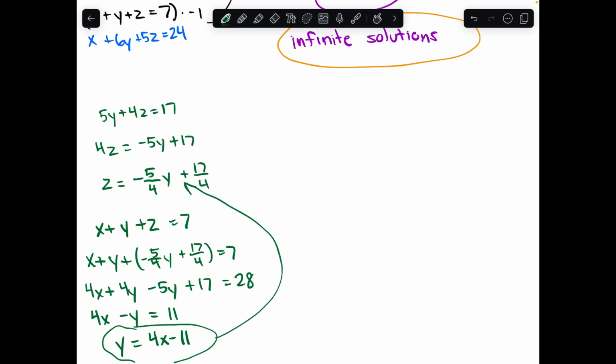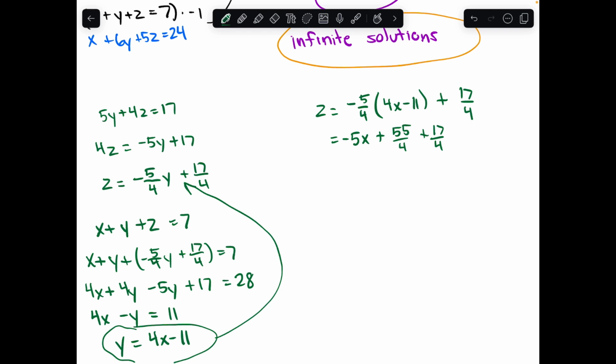So let's go ahead and find z in terms of x. So z is equal to negative 5/4 y plus 17 over 4, but what is y equal to? y is 4x minus 11. This becomes negative 5x plus 55 over 4 plus 17 over 4.